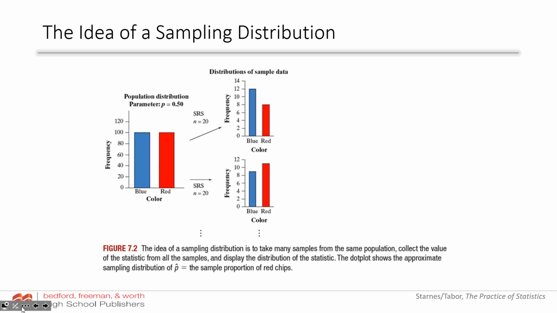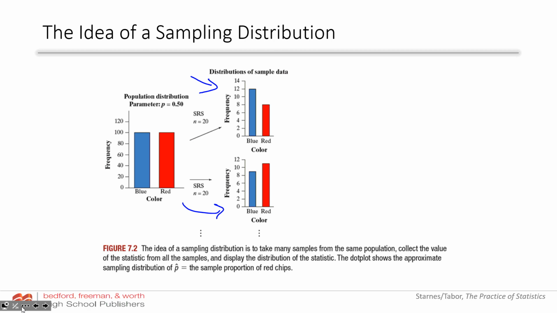If I take a sample of size 20 chips from that population of poker chips, I might come up with 12 blue chips and 8 red chips. Or I might come up with, in my sample of 20, 9 blue and 11 red chips.